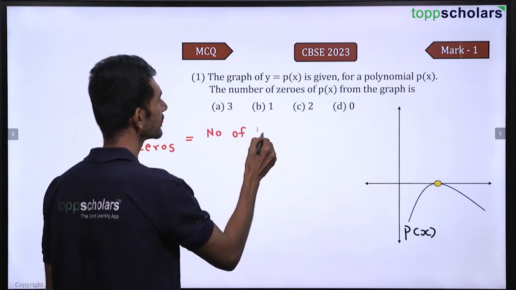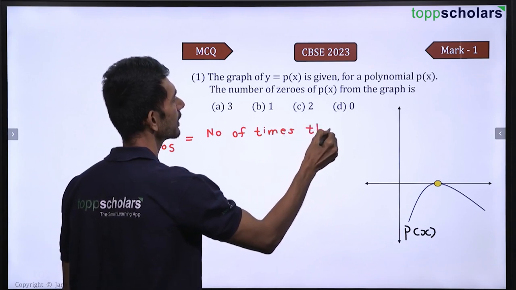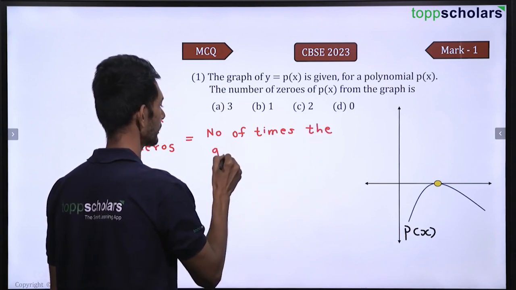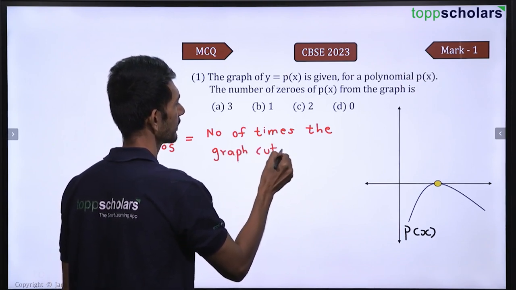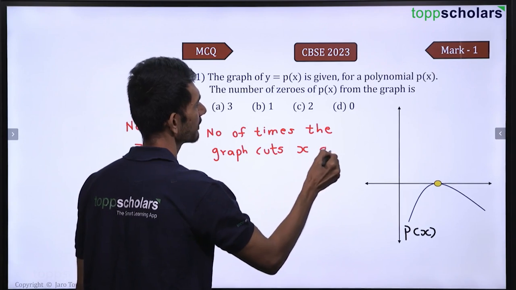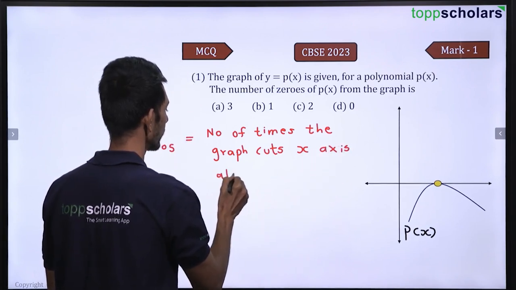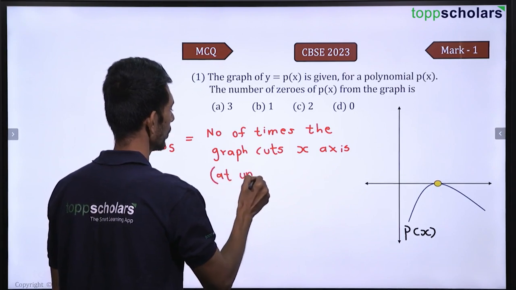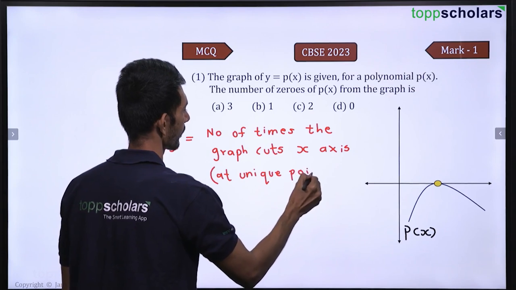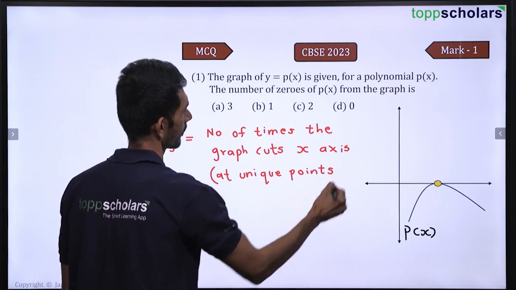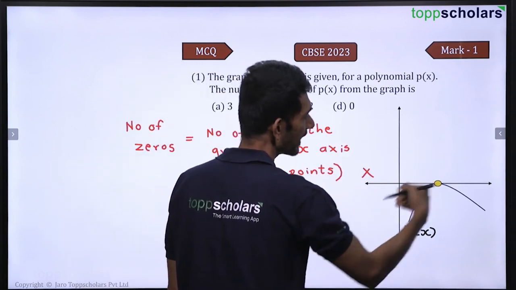Number of zeros is equal to the number of times the graph cuts the x-axis at unique points, right? So this graph is cutting the x-axis at how many points?